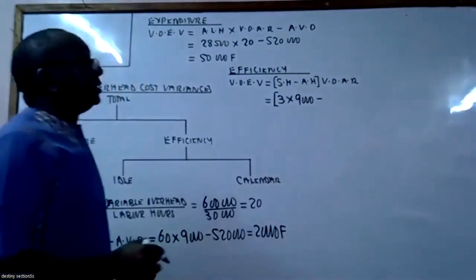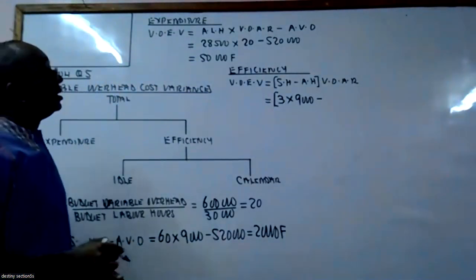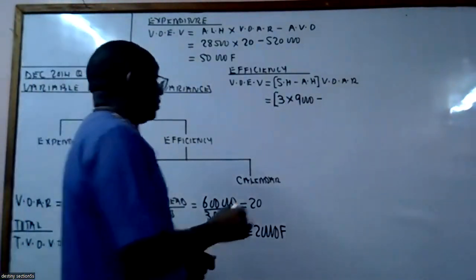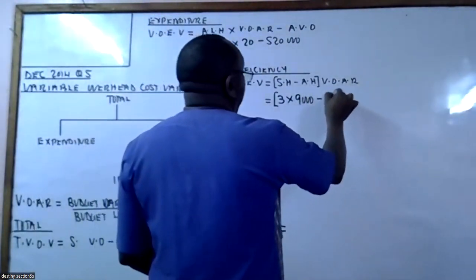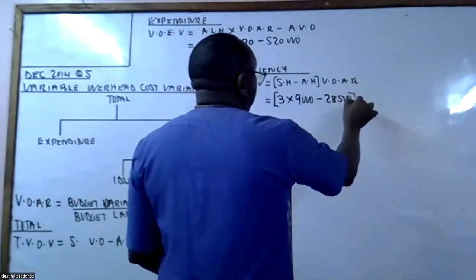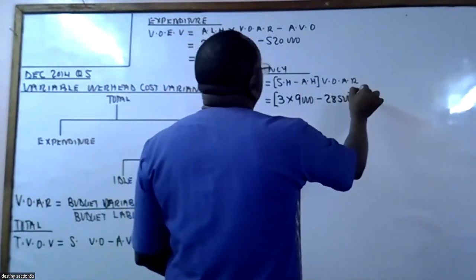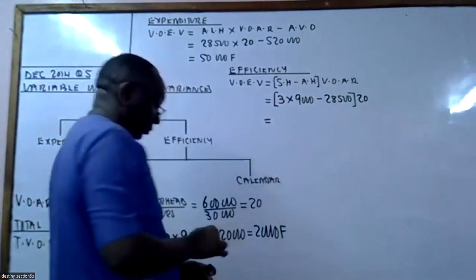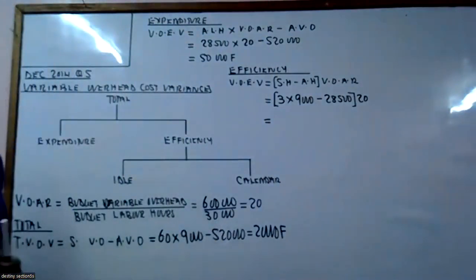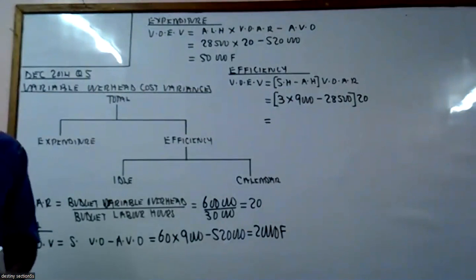Then you minus the actual labor hours, which are 28,500. You multiply by the rate of 20. So tell me what that is.